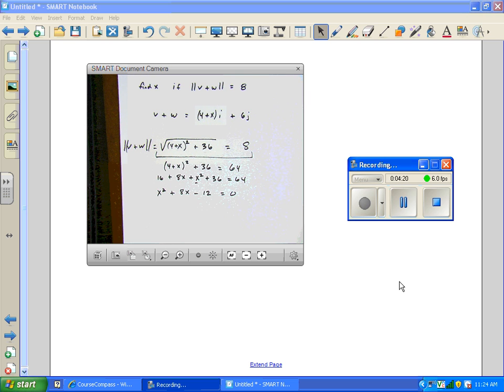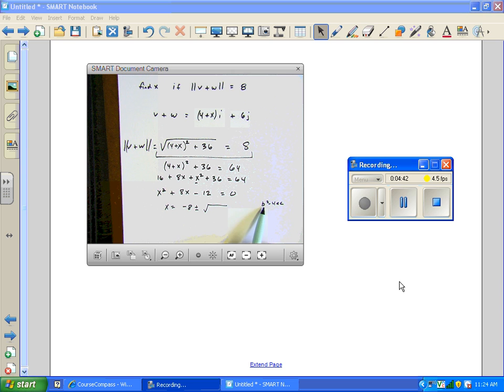Quadratic formula, or you could complete the square. Let's just do the quadratic formula. So x would be equal to the opposite of b, so negative 8, plus or minus. Now I want somebody to calculate the discriminant for me. Remember, b squared minus 4ac.